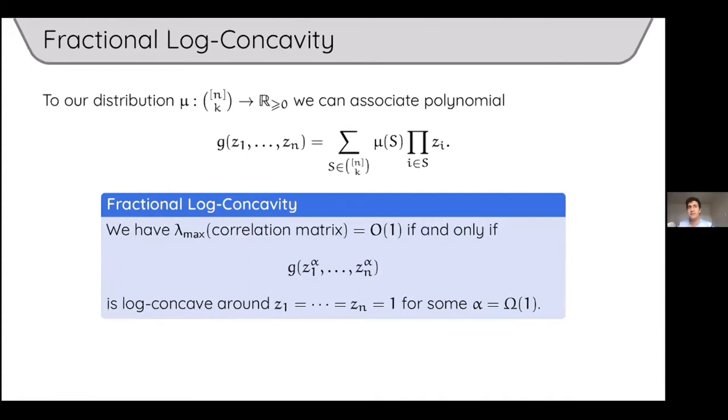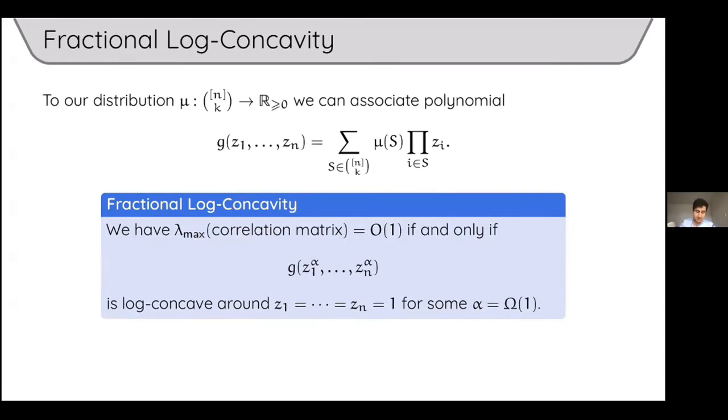All right. This bound on the eigenvalues of the correlation matrix, you can also restate in terms of a different quantity. This slide is not very important except for the introduction of this polynomial. Given your distribution on size k sets of a ground set of n elements, you can define a polynomial that's like the partition function of your distribution, except you view some of the weights as variables in it.